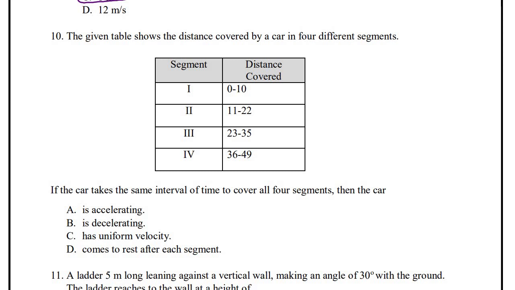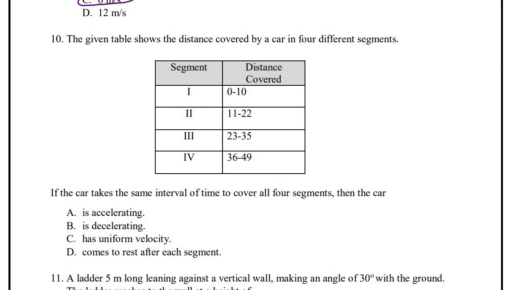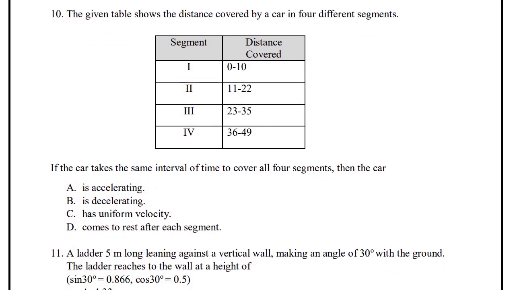So in the first segment, the car has covered 10 meters, and in the second segment it has covered 11, then 12, and then 13. So in the same interval of time, as the question states that all segments are of the same time interval. So as we can see, the distance covered by the car in the same interval of time is increasing.